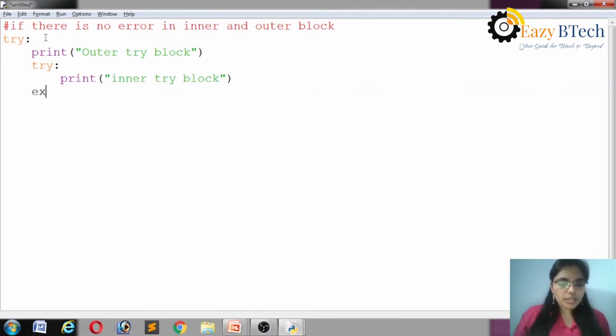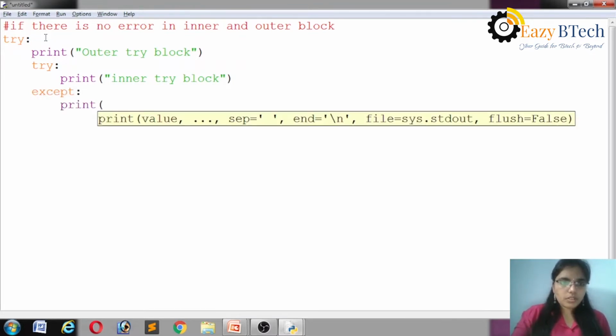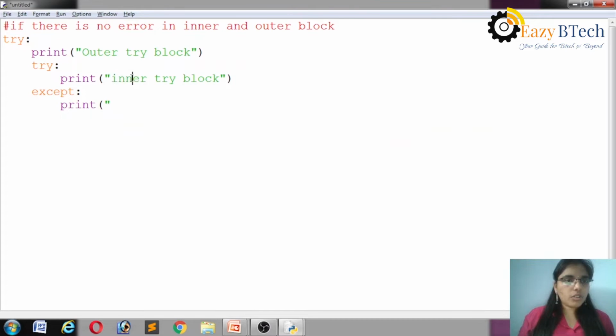Let's write except, print inner except block.